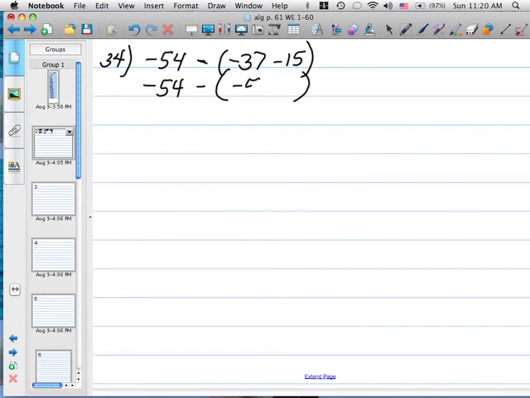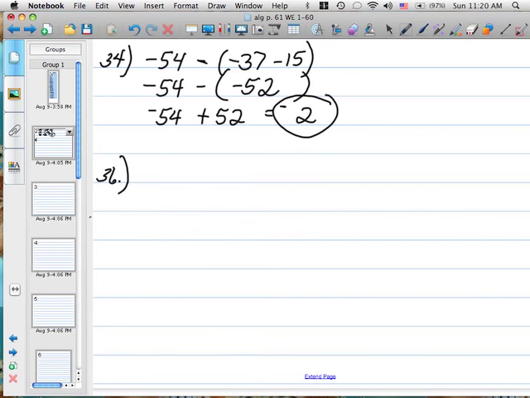Problem 34 says negative 54 decreased by the difference between negative 37 and 15. So this would be the correct problem. Negative 54 decreased by the difference, that indicates the parentheses, between negative 37 and 15.